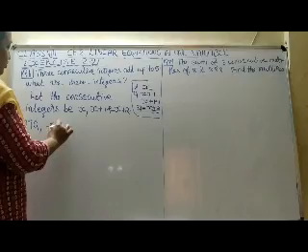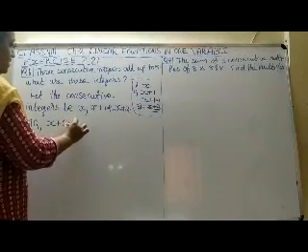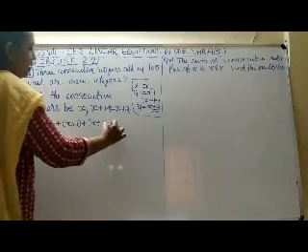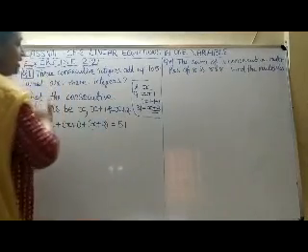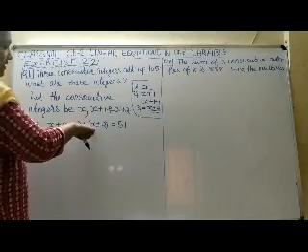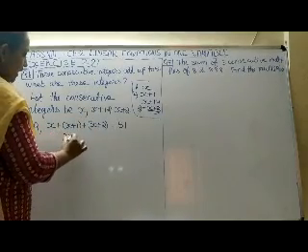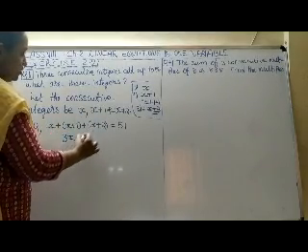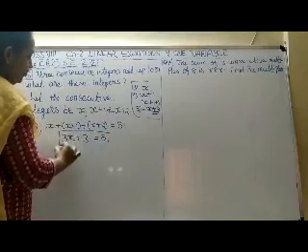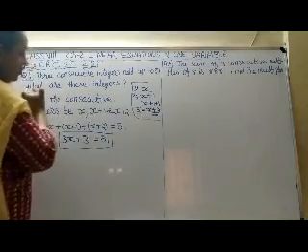That is x plus x plus 1 plus x plus 2 equal to 51. This is the linear equation. That is x plus x plus x gives 3x, plus 1 plus 2 gives 3, equal to 51. We formed the linear equation.